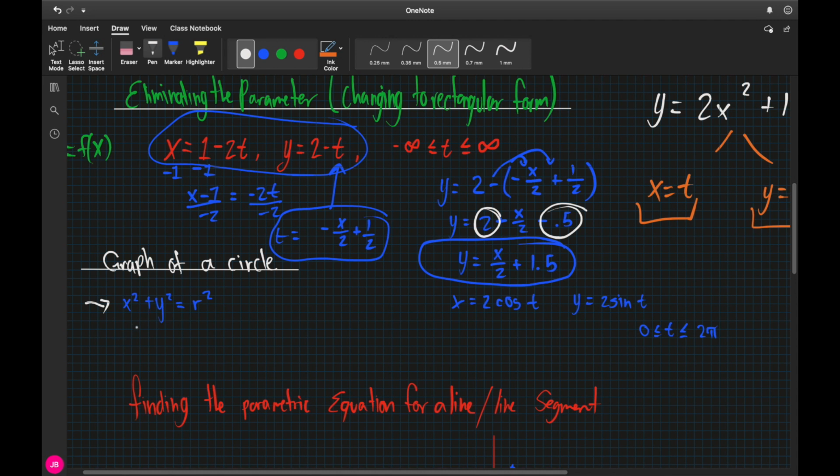You would subtract x squared from both sides, and you get y squared is equal to r squared minus x squared. And if you were to take the square root of both sides, you'd get y is equal to the square root of r squared minus x squared.